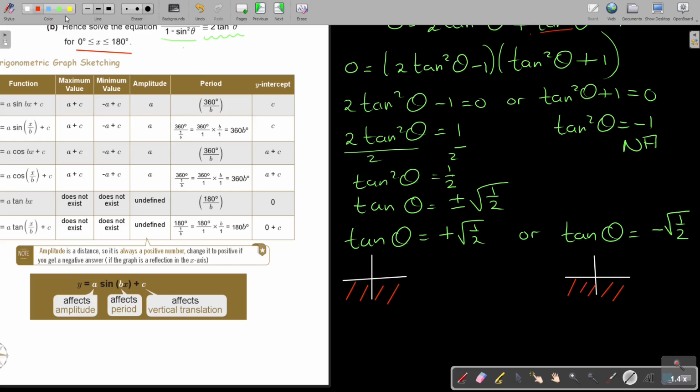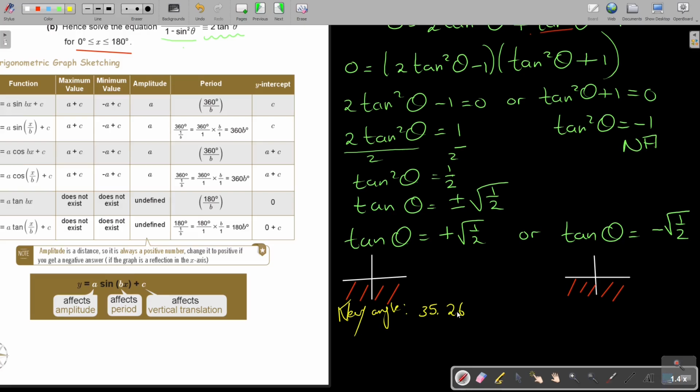Make sure it's on degrees, so shift tan, and then press first the square root, then the bracket, and then 1 divide 2, close the bracket, equals. And the key angle, or the base angle, is 35.26. Make it 2 decimal places for the key angle.